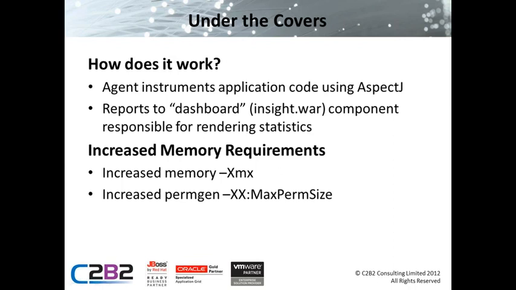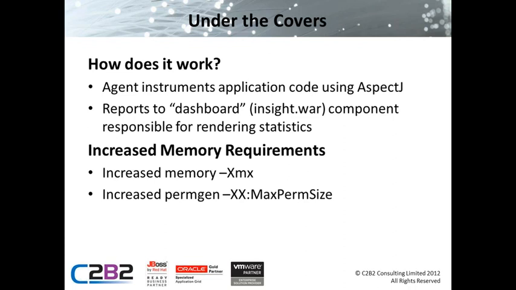So Spring Insight works by, again, running an agent within the JVM. That agent instruments code using AspectJ, which is a library for enhancing bytecode within your Java application. Bytecode enhancement essentially puts probes into your application which gather metrics about what occurs.